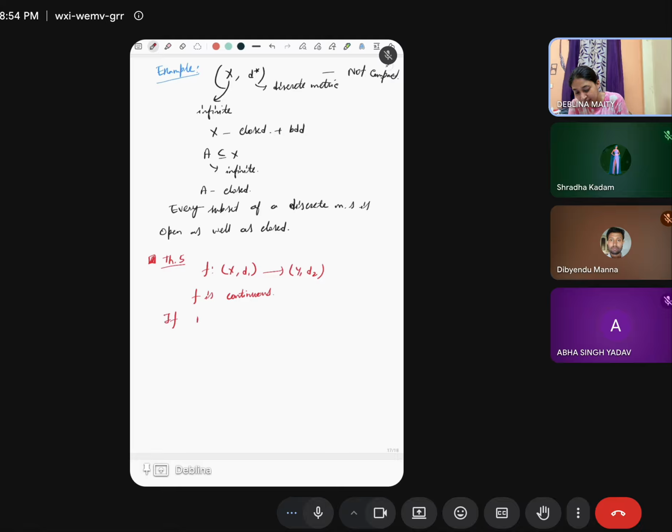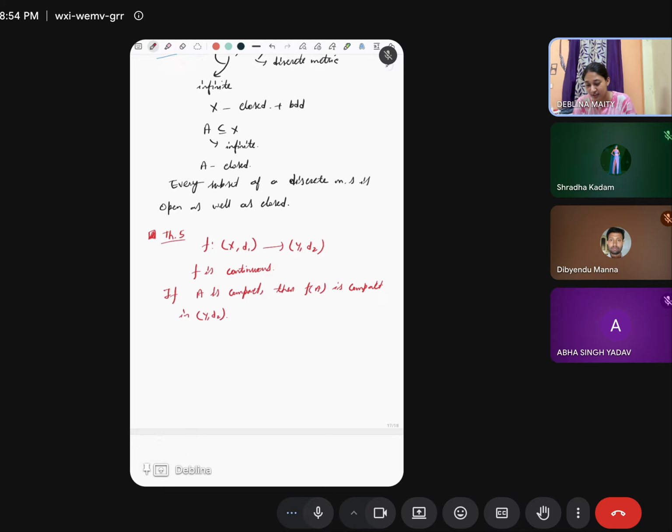Then if A is compact, then f(A) will be compact in (Y, d2), right? You have to prove this because there is no time, it's already 9.